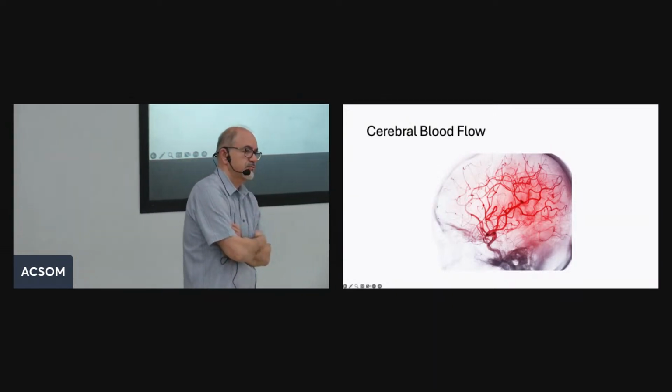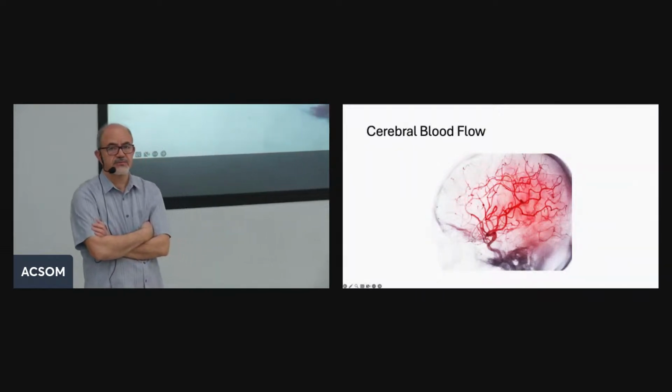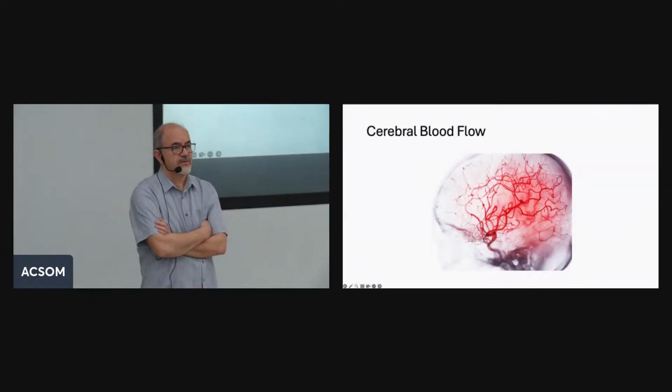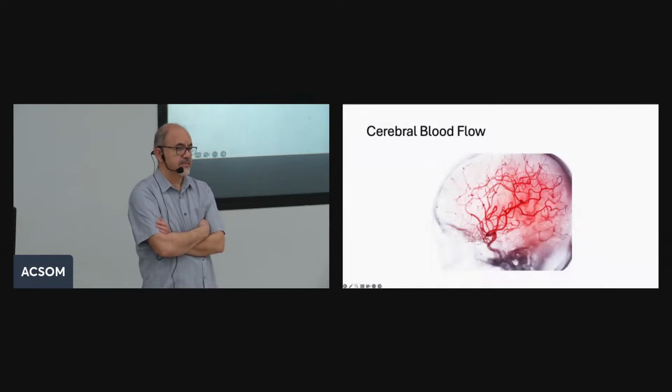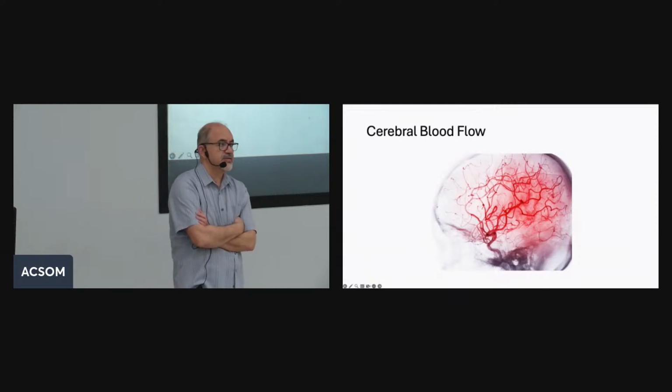If the systemic blood pressure is too high, the arteries in the brain can constrict and reduce the pressure in the brain. If the systemic blood pressure is low, the blood vessels in the brain dilate to allow more blood to flow into the brain. So the autoregulation is extremely important for survival of the brain.